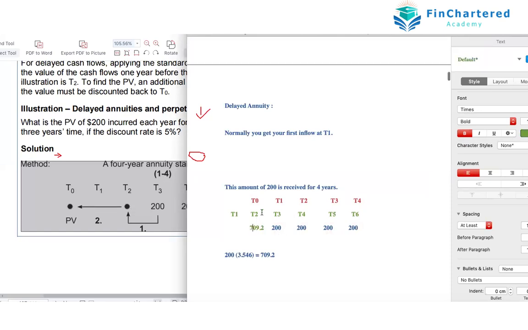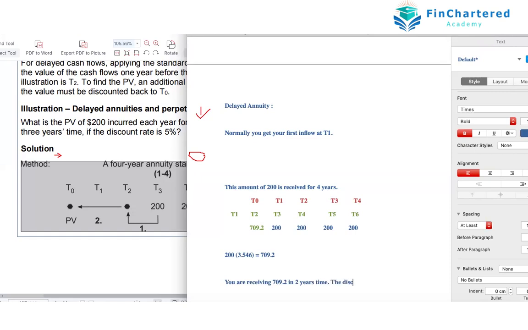So it's like you've got the answer. Now that you have got the value of this 709.2, after this, it's a normal discounting question. It's like saying you are receiving 709.2 in 2 years' time.